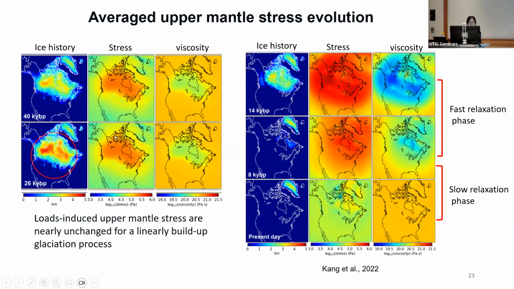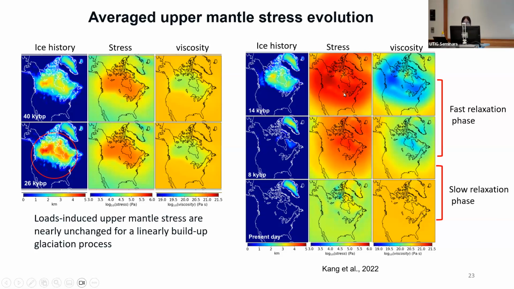So the stress and viscosity pattern is almost the same as the linear ice buildup history. But if we go to the right panel, the deglaciation history, we can see the stress increase dramatically around 14,000 years ago. This is when a fast ice meltwater event occurred.